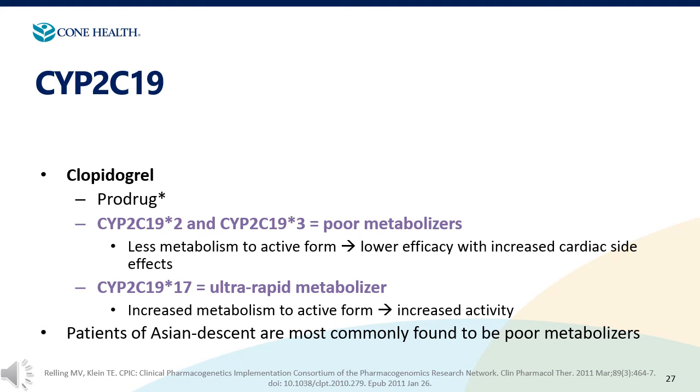Phenotype 17, on the other hand, indicates an ultra-rapid metabolizer, so increased metabolism to the active form and thus increased activity. Some polymorphisms are more common in specific patient populations. Patients of Asian descent, for example, are most commonly found to be poor metabolizers and often need increased doses or even alternative therapy when using clopidogrel.